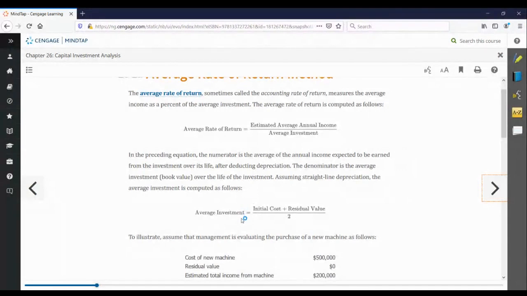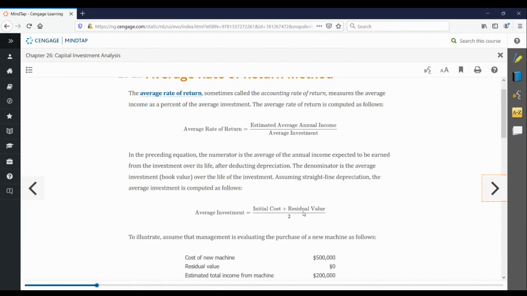So in order to calculate the average investment, we will need to know what the cost of the asset is going to be, the initial cost of the asset, and then we're going to add back to it something that we call the residual value. The residual value of the asset is the scrap value, or it's the amount of the value after the asset has been depreciated.